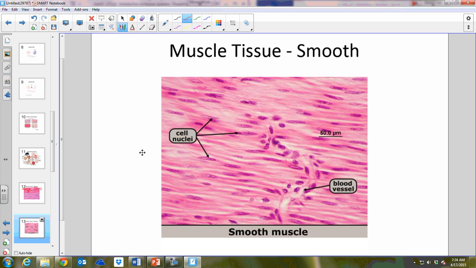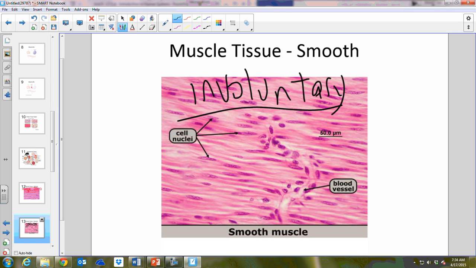It is called involuntary, meaning when you swallow food, your esophagus, which is lined with smooth muscle tissue, will naturally push that food down towards your stomach. And your stomach will naturally churn that food up using its own smooth muscle tissues. So smooth muscle tissue is involuntary, but it still is moving things.